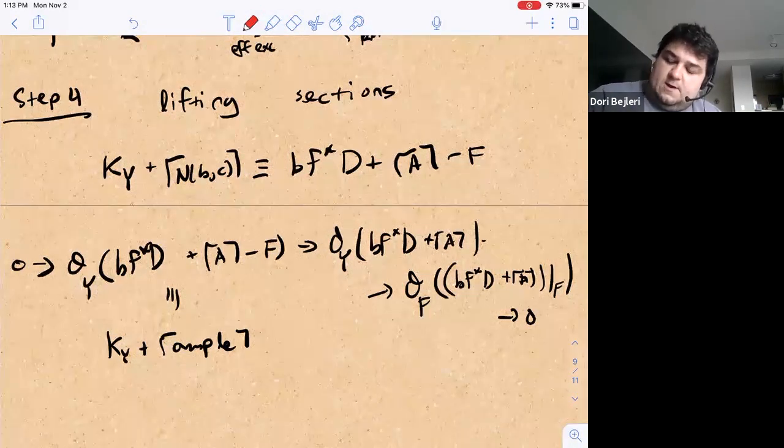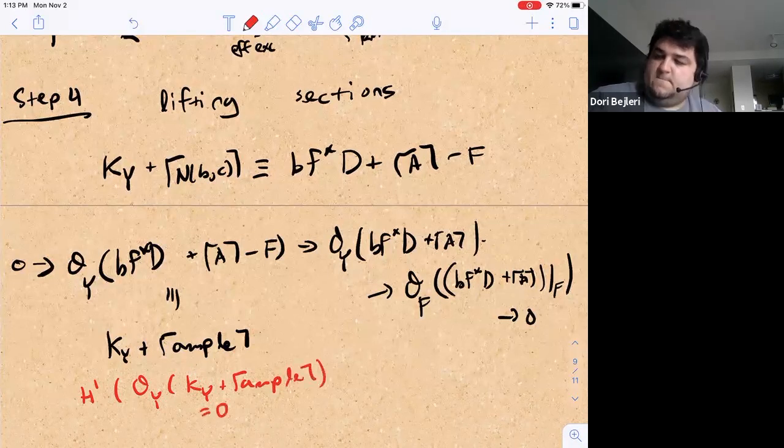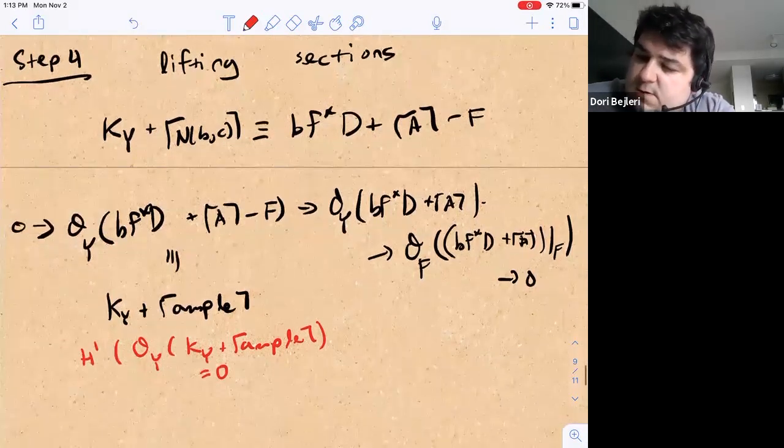But yeah, so h1 of this thing is 0 by Kawamata-Viehweg. So that tells us that this map is surjective on global sections.